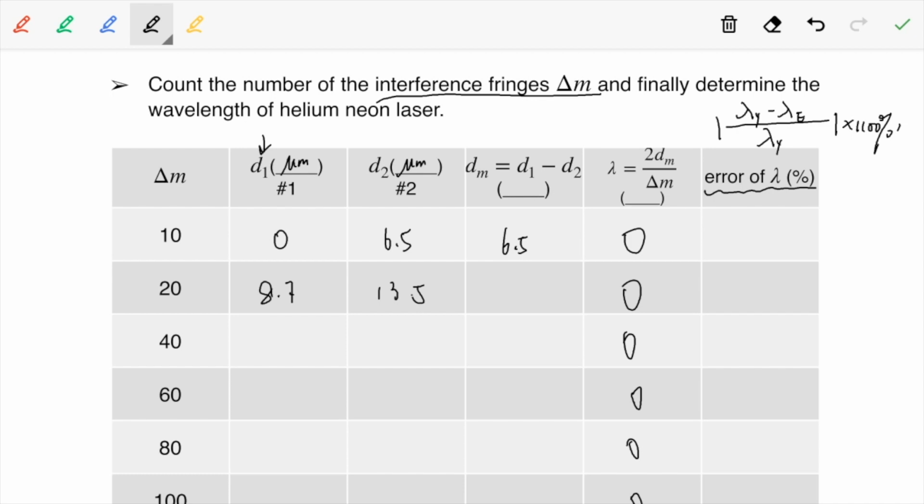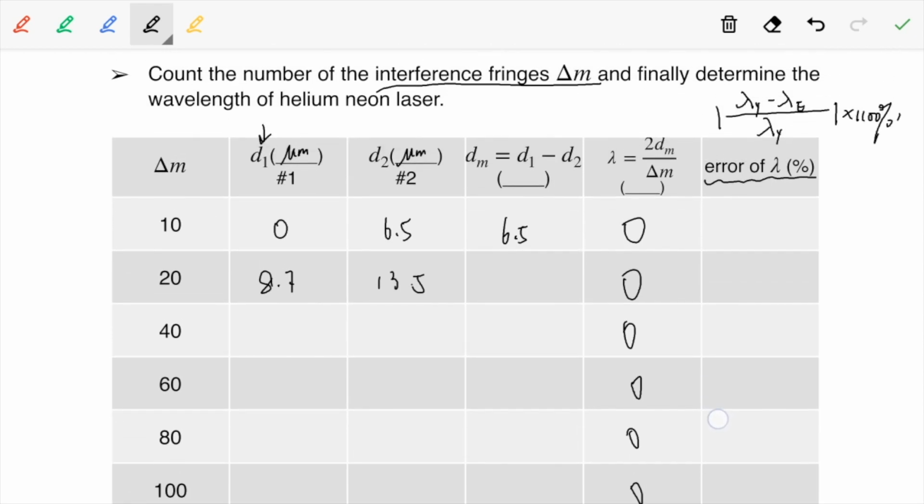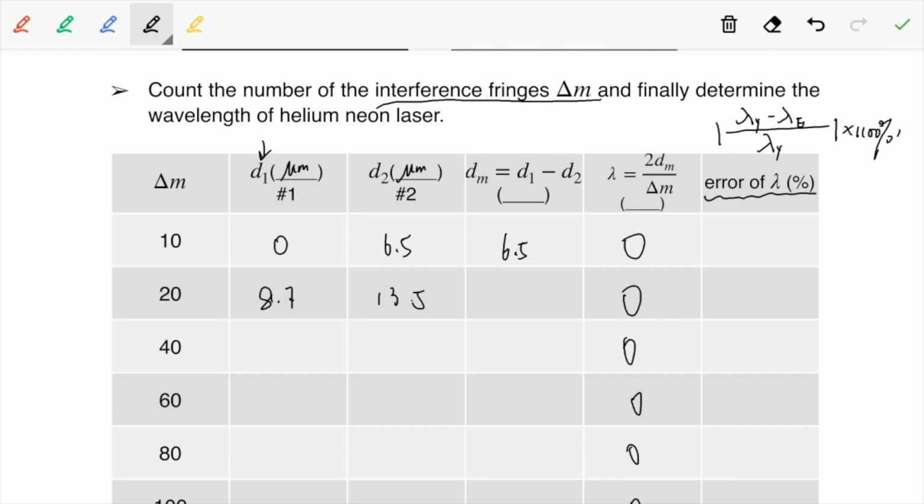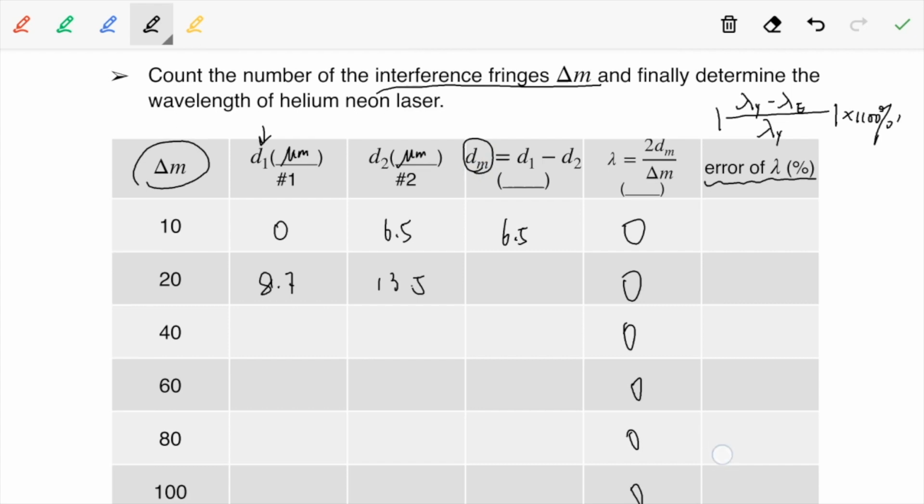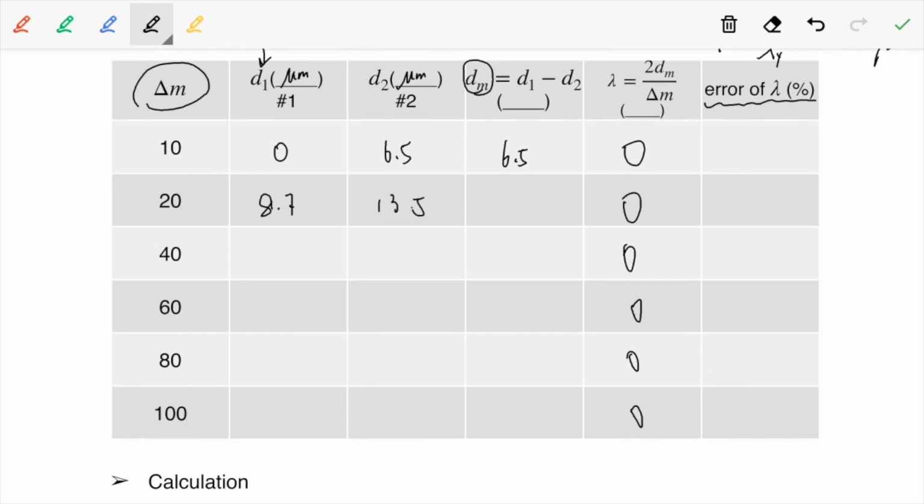After that, you need to draw a graph between the delta m and the dm, because we have this equation: 2 times d1 minus d2 equals delta m lambda.